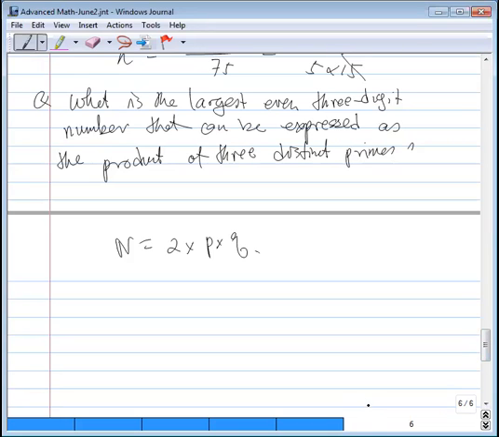Now what is the best way to solve the problem? This number must be less than 1,000 because it's a three-digit number, so p times q should be less than 500. So that's my hint. Please figure out how to do that.